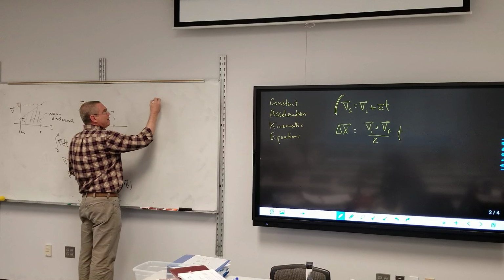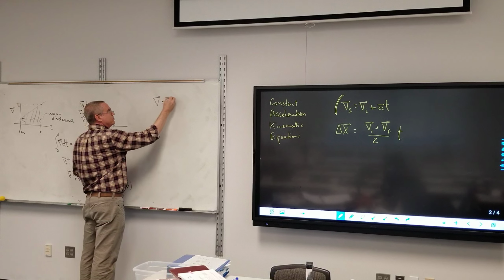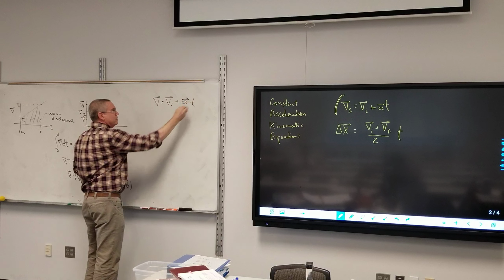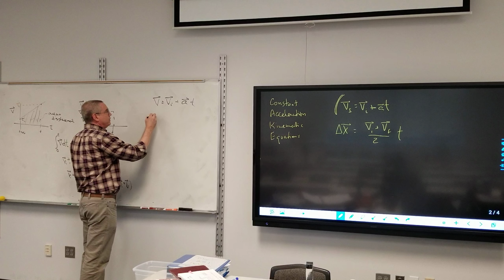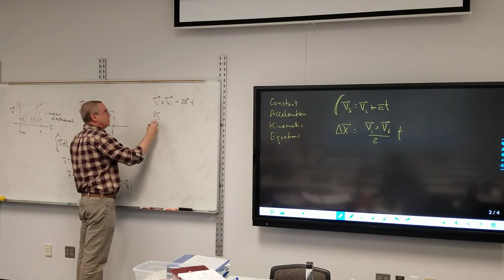So if I know that my velocity is equal to my initial velocity plus acceleration times time. Again, we are working with the assumption that acceleration is constant. I know velocity is also dx dt.